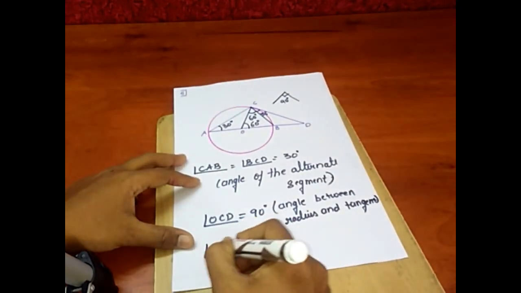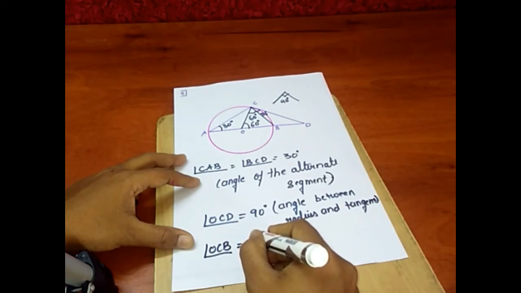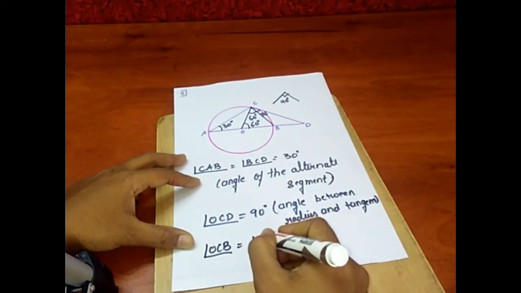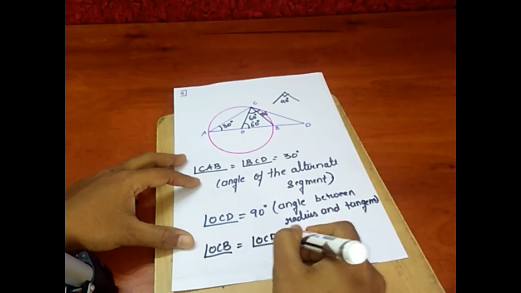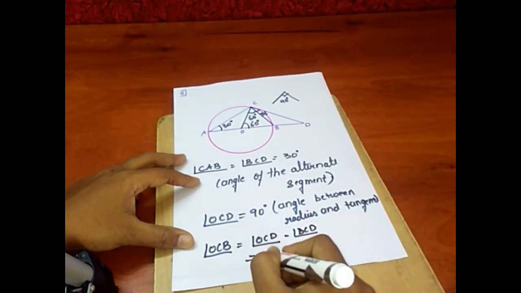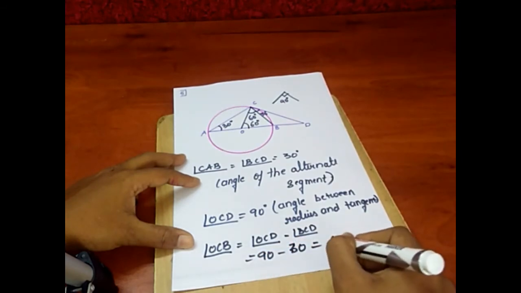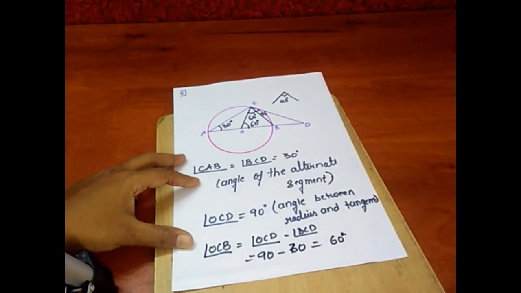Therefore, angle OCB is equal to angle OCD minus angle BCD. That is 90 minus 30, which is equal to 60 degrees.